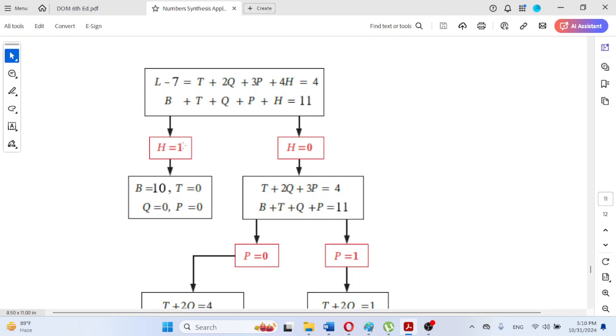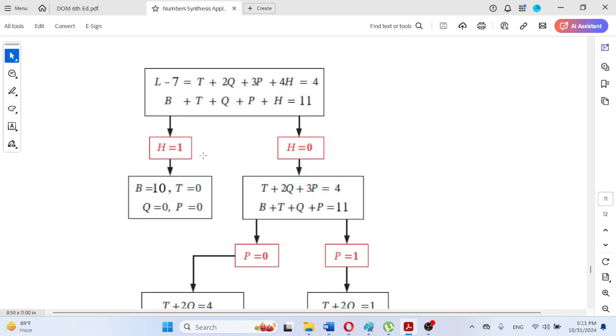It cannot be greater than 1, because if for example h is equal to 2, that means 4 multiplied by 2, so 8 will be subtracted from the 4 on the right hand side. 4 minus 8 will be equal to minus 4, meaning that t plus 2q plus 3p is equal to minus 4, which is practically impossible, because that depicts that the sum of a certain number of links is giving a negative sum, which is practically and physically impossible.